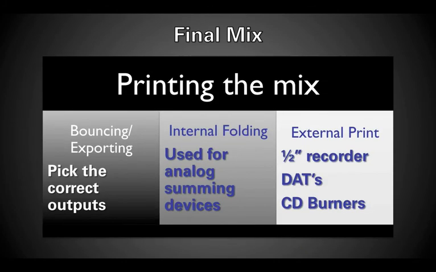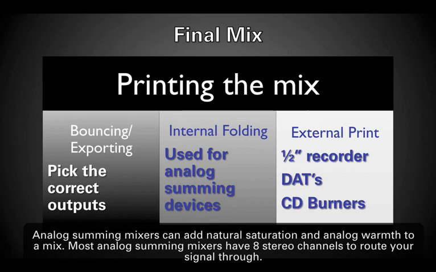Now printing the mixes is done by bouncing or exporting, which means you just pick the correct output, go to bounce, and bounce down those outputs for the complete range of the song. Or it's done by internal folding. Now what that means is if you have an analog summing mixer, for instance, then you would use the same session to re-record through the summing mixer back to a new set of stereo tracks.